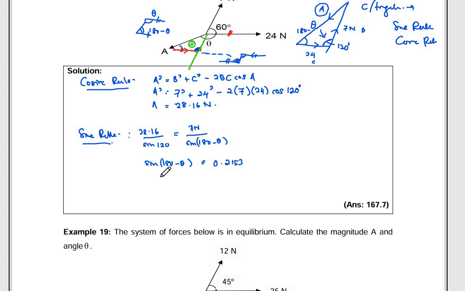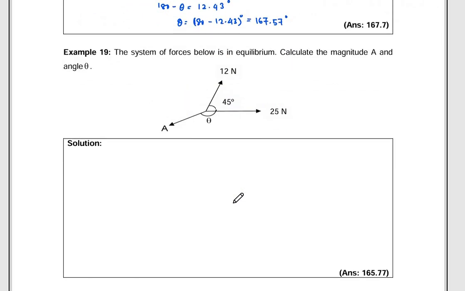Okay, so nak cari theta. So, sine inverse kan? Sine inverse of 0.2153. So, dapat nilai sine inverse-nya adalah 12.43. This is 180 minus theta. So, theta is 180 minus 12.43 degree. So, theta will be 167.57 degree. Okay. Sama macam kita belajar yang depan tadi.